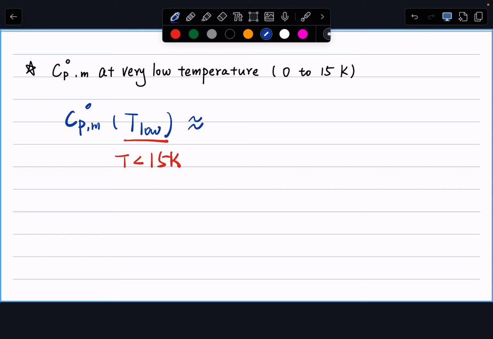So the CV and CP become equivalent to each other at very low temperature. And that's roughly equal to a constant times T to the cube. Don't ask me how that's derived. It's a little bit beyond this class. But for this class, just know we have this expression of the standard isobaric molar heat capacity at very low temperature, meaning temperature smaller than 15 Kelvin, it's roughly equal to a constant times T to the cube. Yes. CV is exactly equal to A times T to the cube?